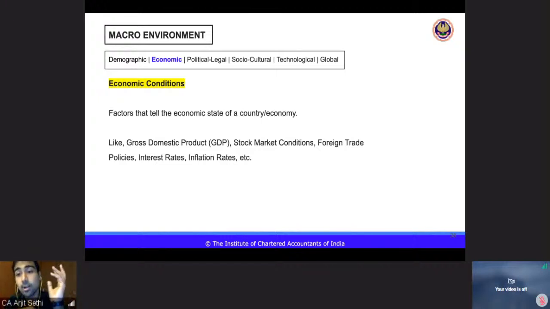And to understand economic conditions, you need to understand what are the stock market conditions, what is the GDP of the country, then what is the foreign trade policy, everything around foreign trade policy or interest rates, what are the inflation rates, right? All these things tell you about the economic conditions of a particular country, of a particular industry, of a particular place or a population, right?